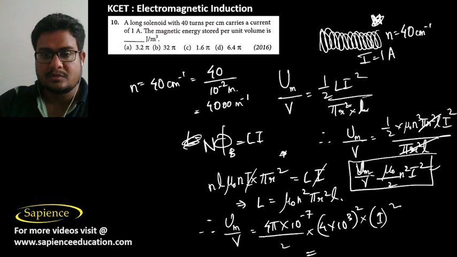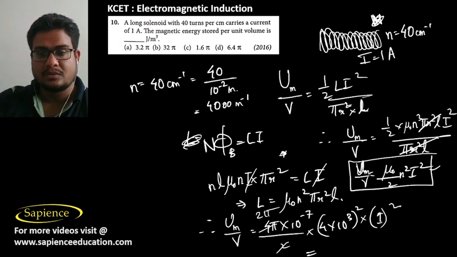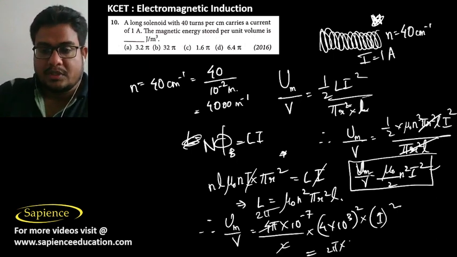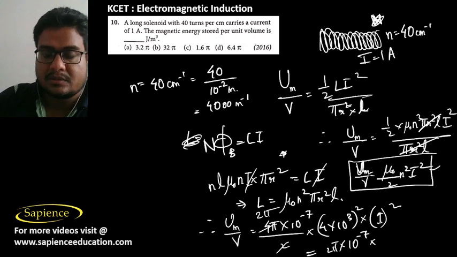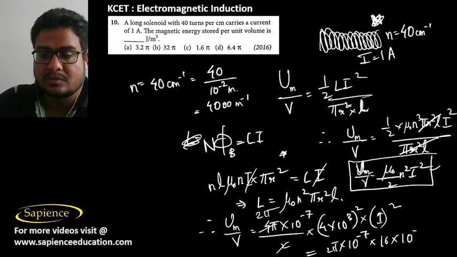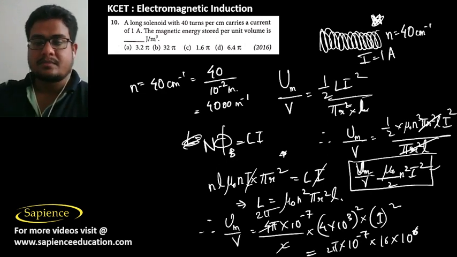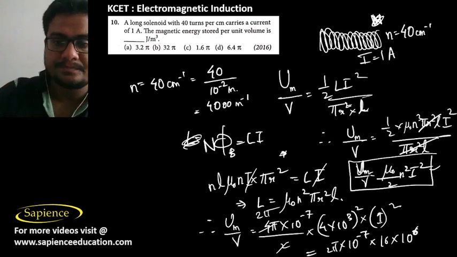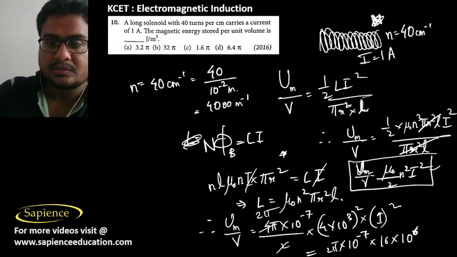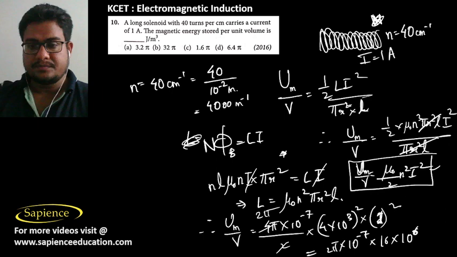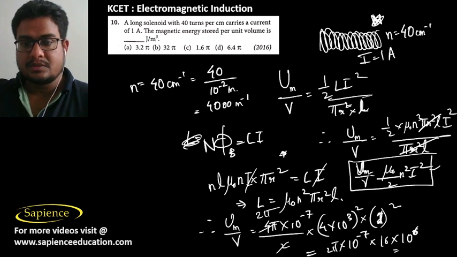Equal to 2 pi into 10 power minus 7 into 16 into 10 power 6, which gives 32 pi into 10 power minus 1.